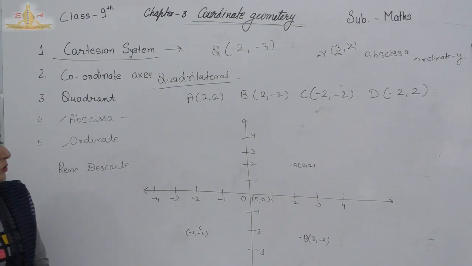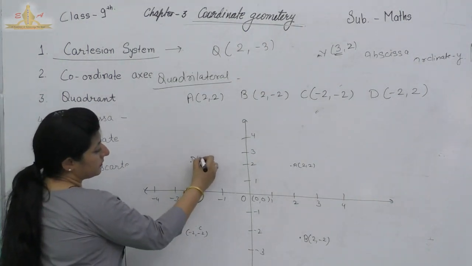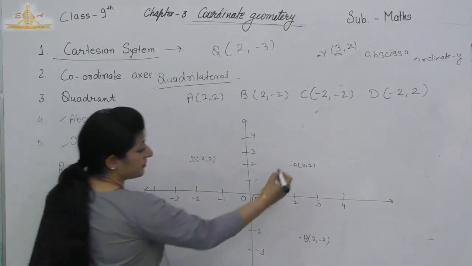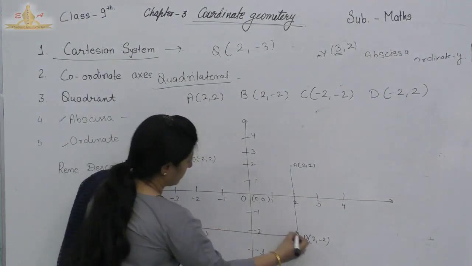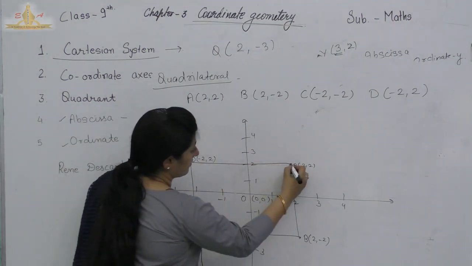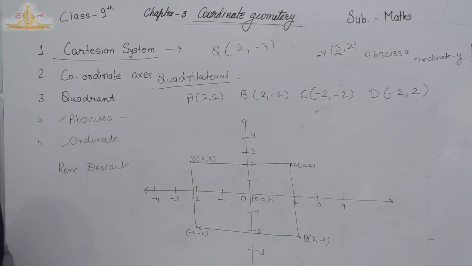D, minus 2 comma 2. Now join all the points. It becomes a quadrilateral ABCD.